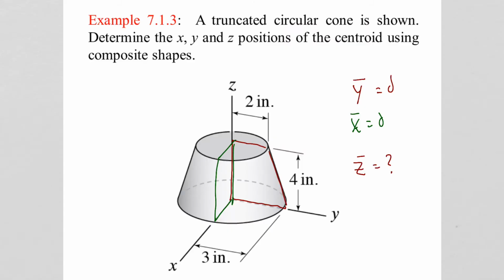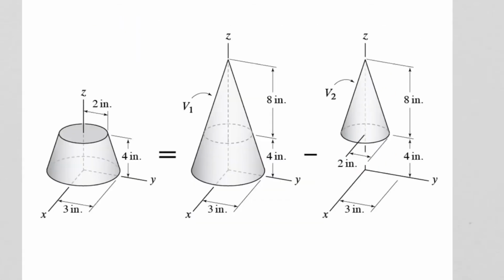So again, here's our original problem. If we go forward, we see that we can create the truncated cone using a large volume of V1 and then subtract off V2 at this location, which is 4 inches up. Okay, so that's the way we're going to do this.